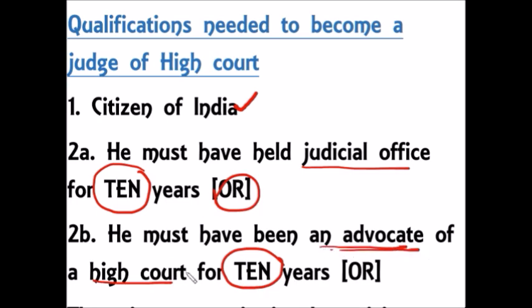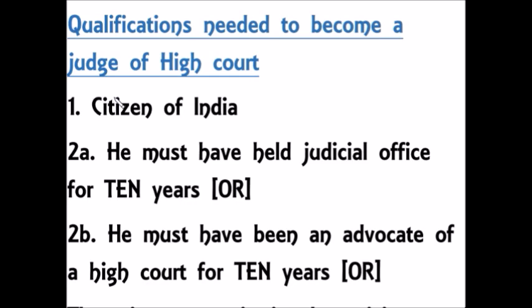Advocate in a High Court, not in the lower court. Remember, advocate in the High Court. Here, he must hold the judicial office not in the High Court, but below the High Court, you can say the District Court or any court, for 10 years. So the person gets eligibility to become a Judge of the High Court.